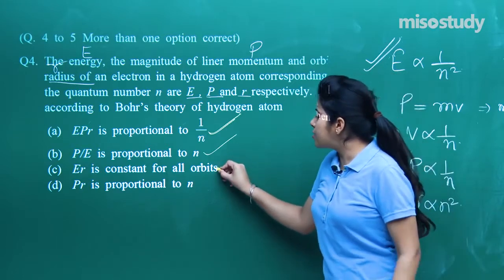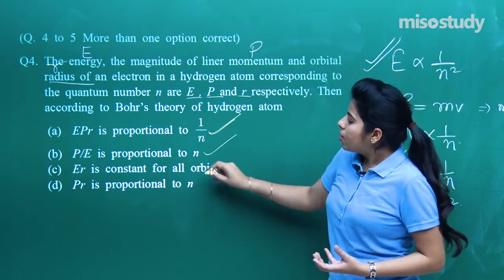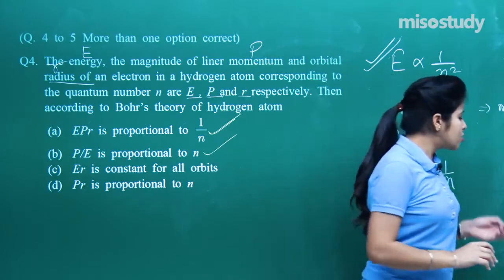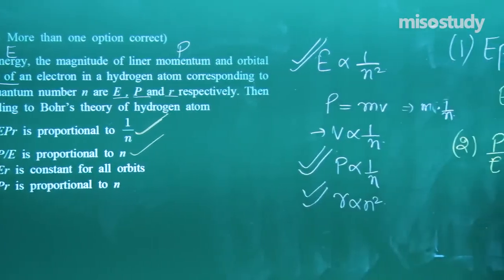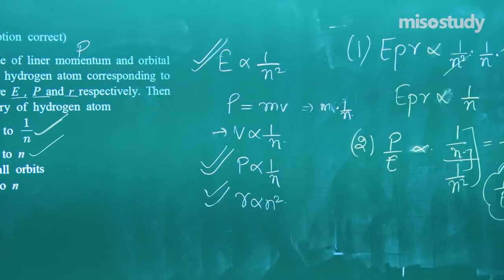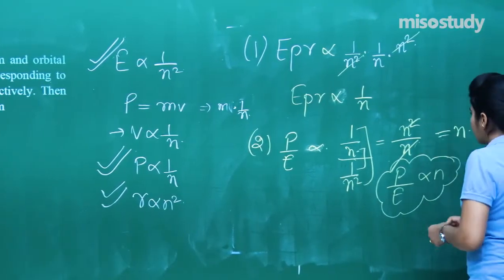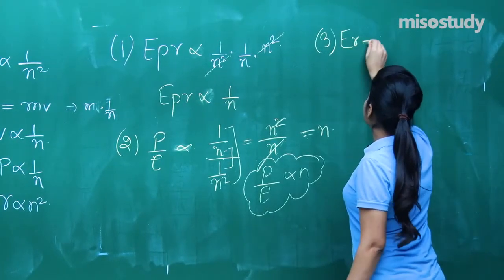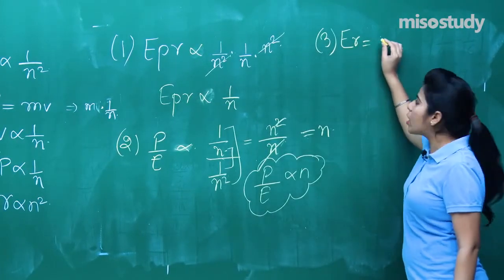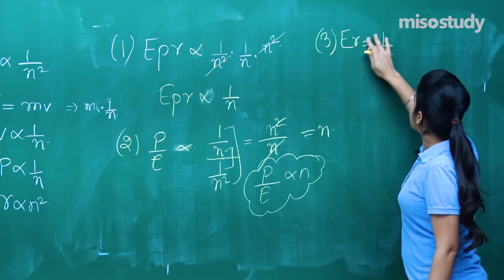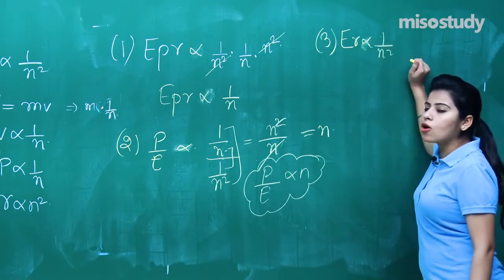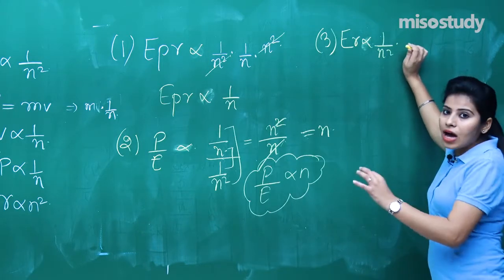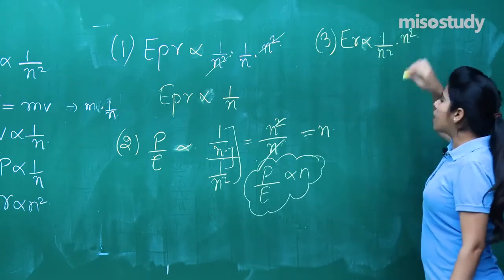Now let us check whether the third option is correct or not. ER is constant for all orbits. So let us do it for ER. This is the third part. So ER, E is proportional to 1 by n square, and R was proportional to n square.